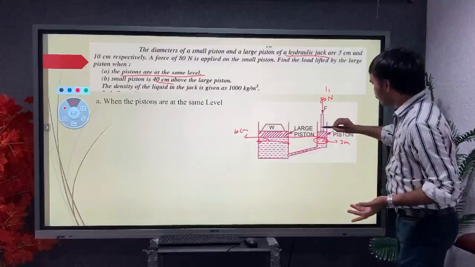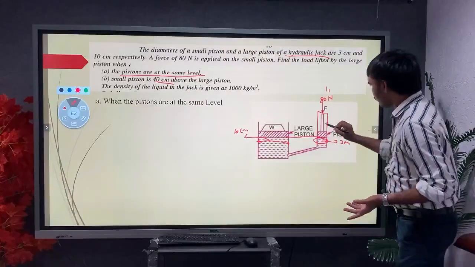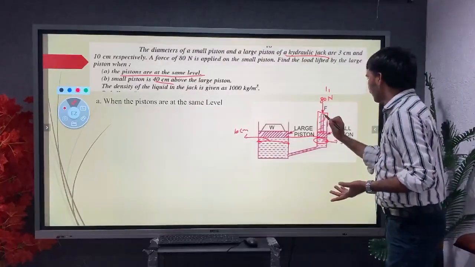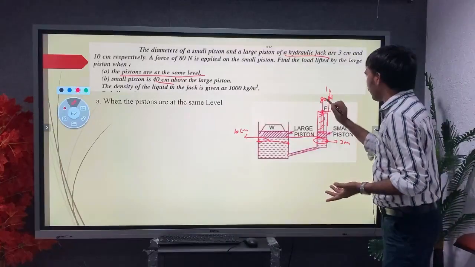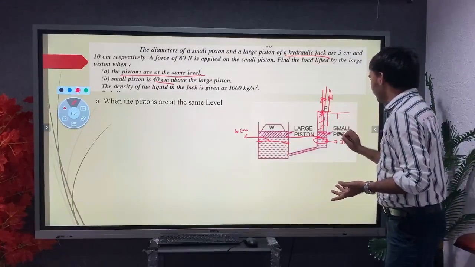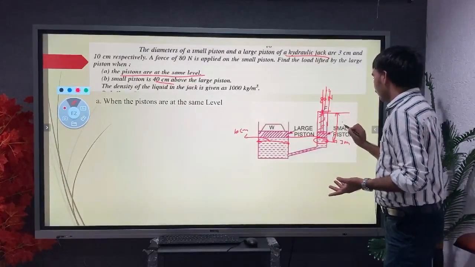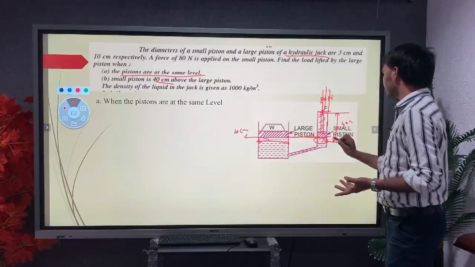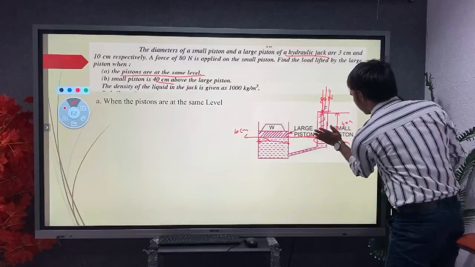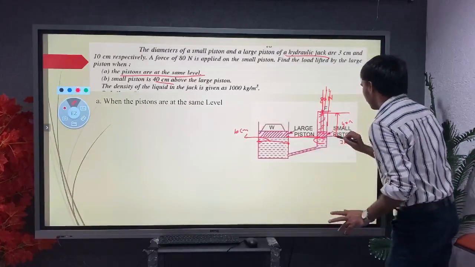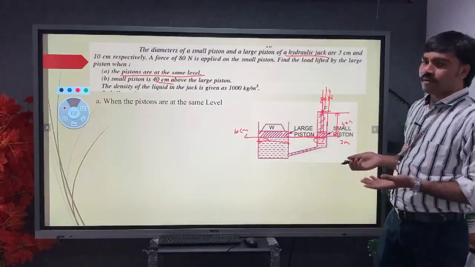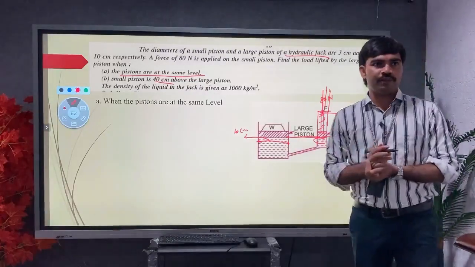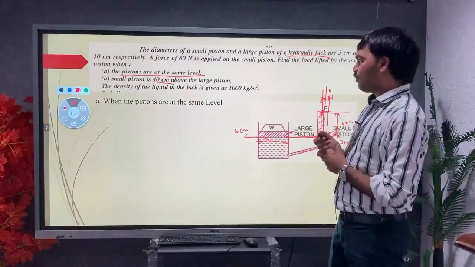So it is filled with liquid, and this piston is lifted up 40 centimeters above the large piston. Then how much weight can it lift? These things you need to find out.